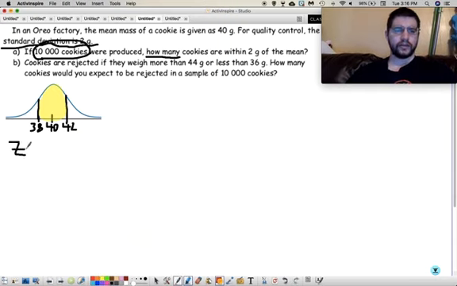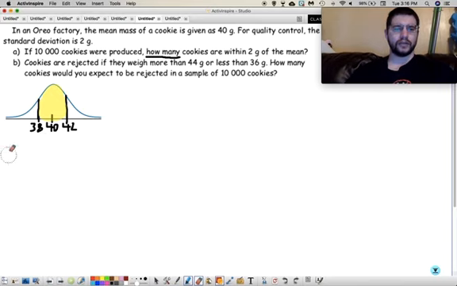So using the chart, you need to convert them to z-scores. Oh, we already did them. It's 2 grams, and the deviation is 2 grams. So without doing any work, 2 divided by 2 is 1, and this is negative. 2 divided by 2 is 1, that's positive.